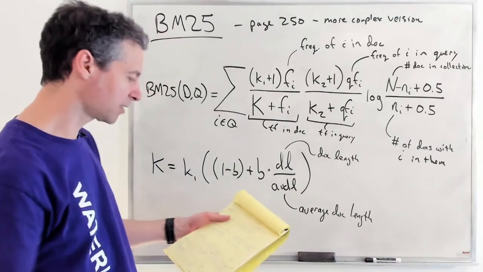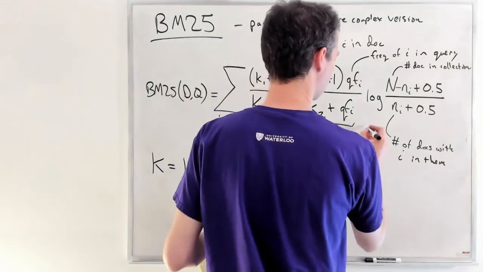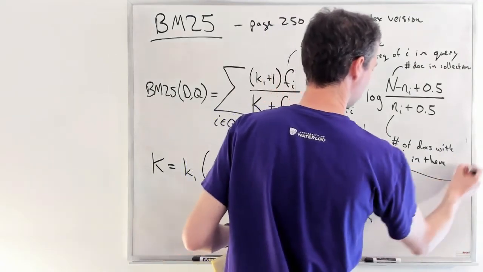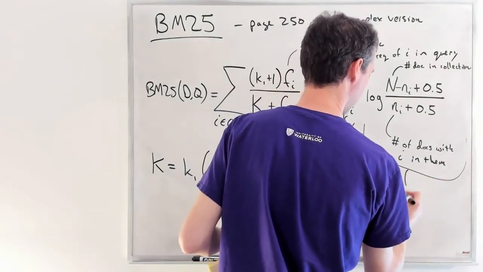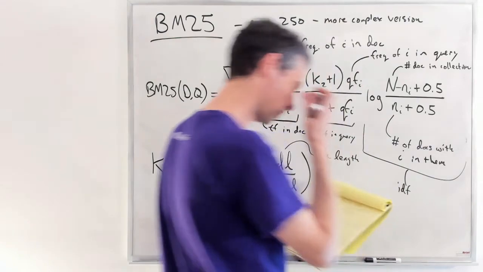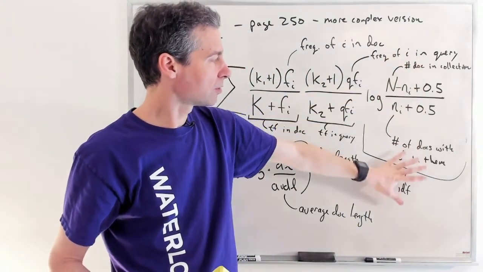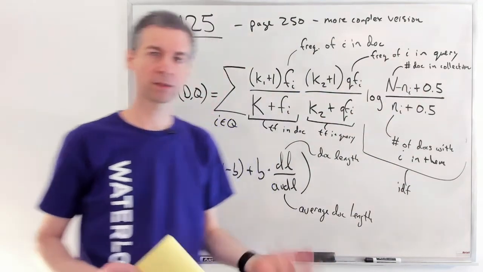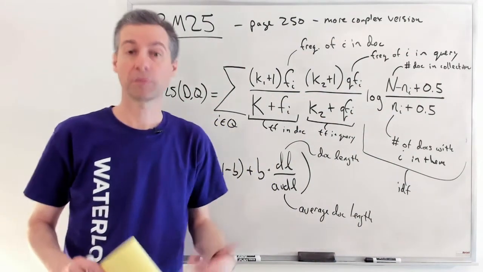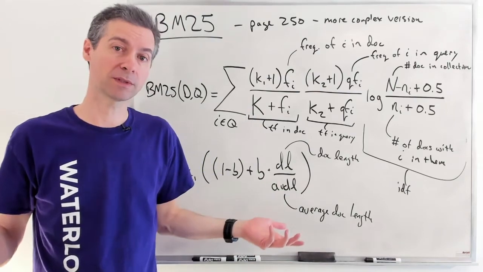Well, the last thing then is this guy down here. This is our IDF. So this is, how important is this word? Do we know based upon the way that it is used in the collection? Basically, how many documents is it in the collection?